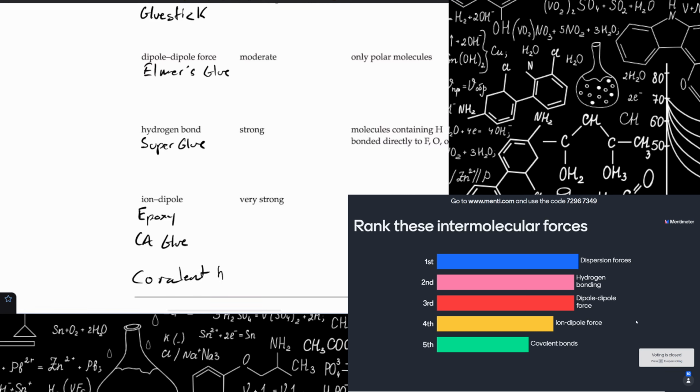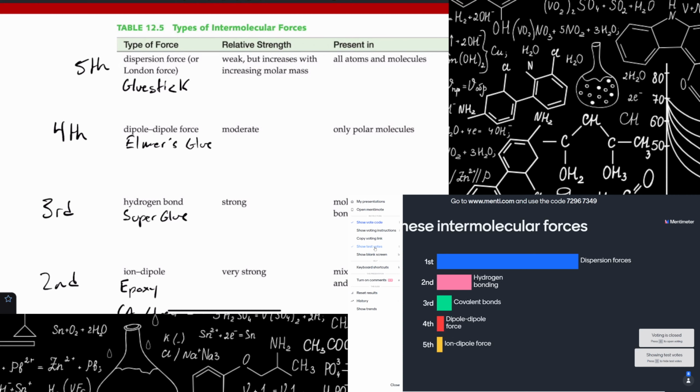So maybe there was some confusion as to, I don't know if I can get a better look at the breakdown of these votes, show test votes. I think this is showing the votes as they went in. Okay.